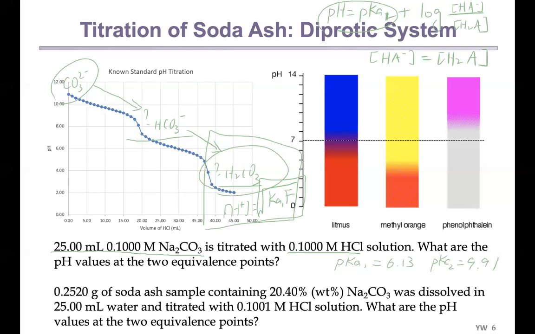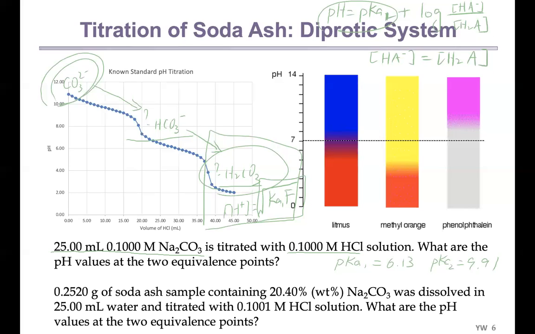And as was indicated in the beginning, before the titration occurs, it's a diprotic system again, but you're dealing with the fully deprotonated one. So you treat it as a monoprotic base using pKb1 or pKa2. Okay.